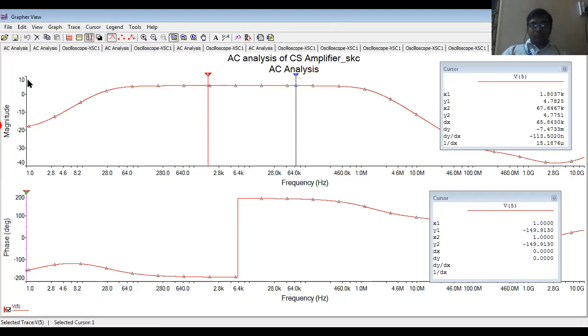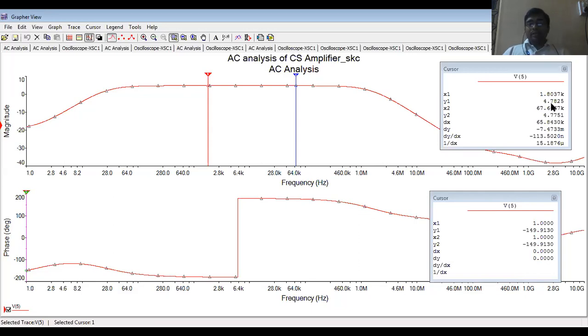This is AV, voltage gain in decibel versus frequency on a logarithmic, semi-log scale. x1 represents the frequency of scale 1, y1 the voltage gain, x2 the frequency for scale 2, and y2 the voltage gain. The maximum value is nearly 4.78.